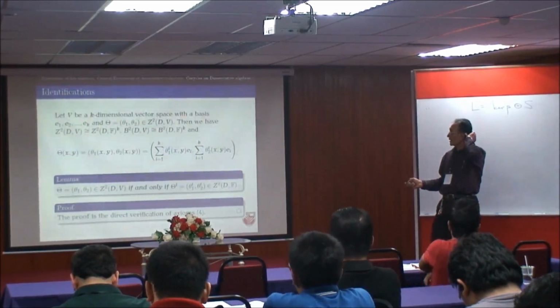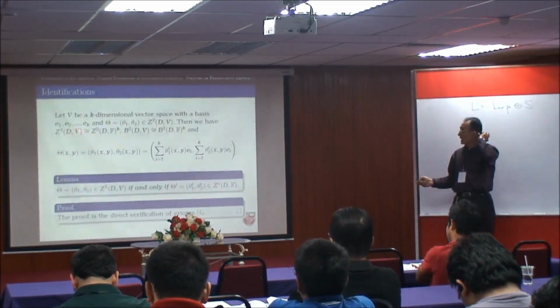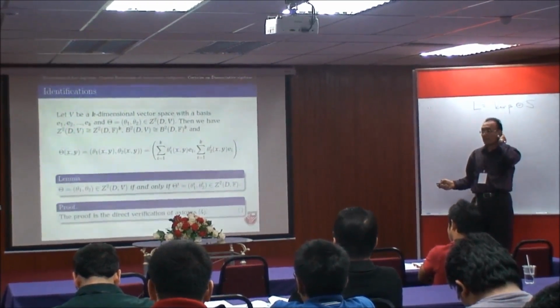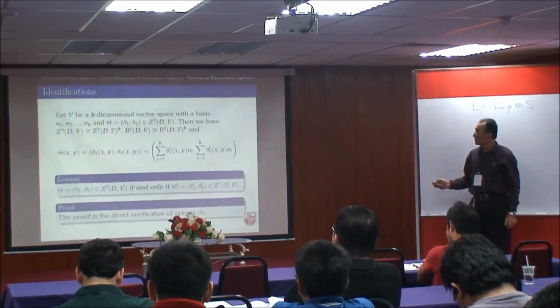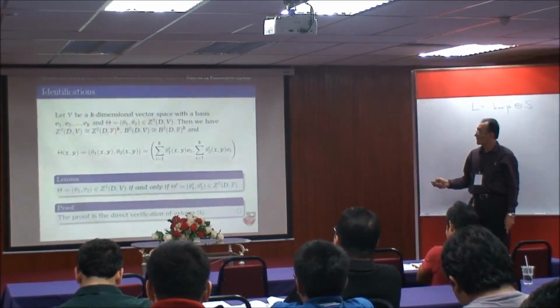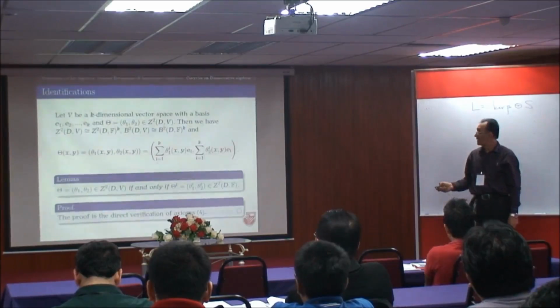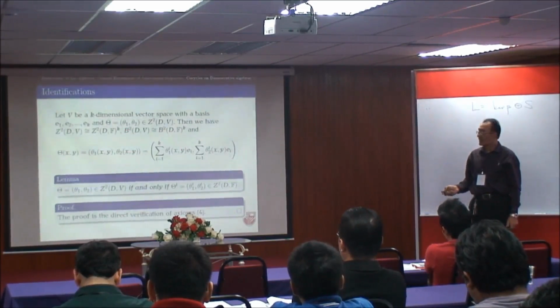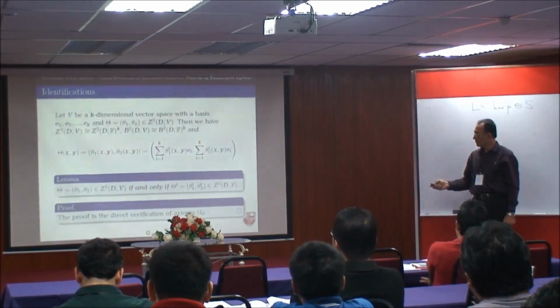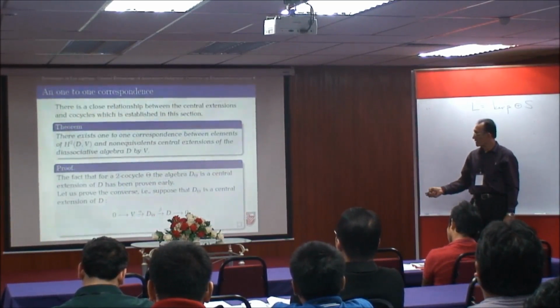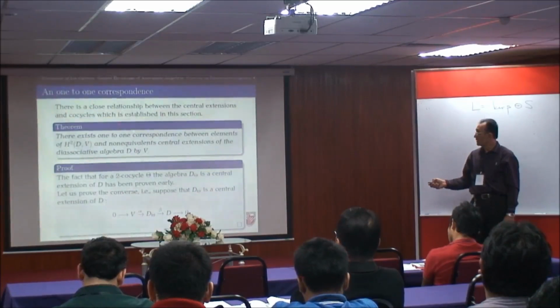The same for coboundaries. So now, just ignoring cocycles with values in F of V, we can start to deal with cocycles with values in F. The coboundaries are also the same. So as a result, you will get such a central extension.